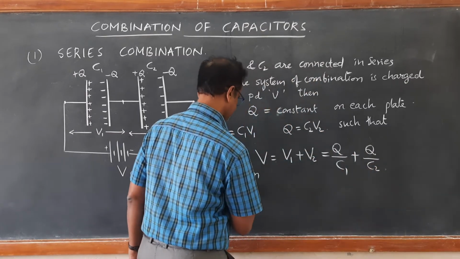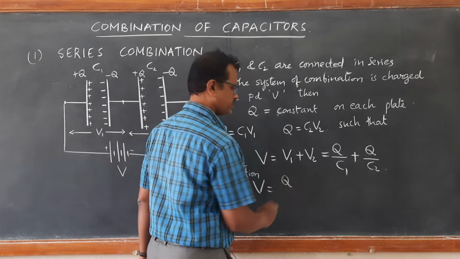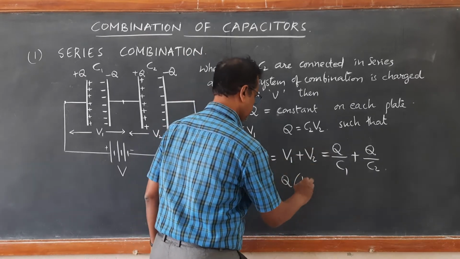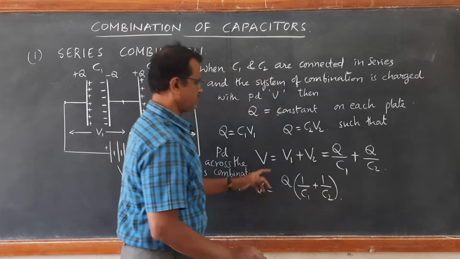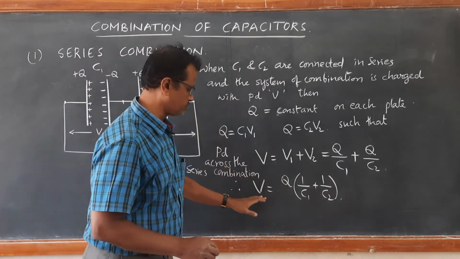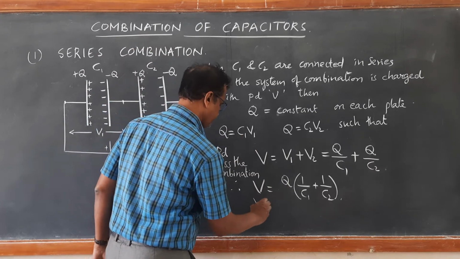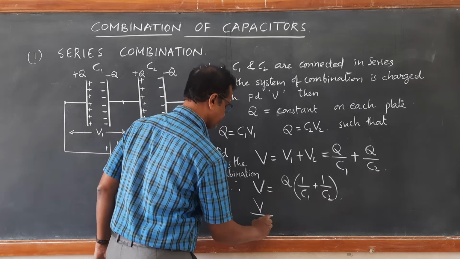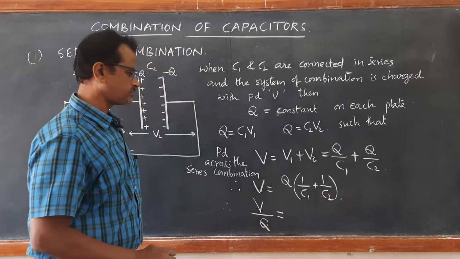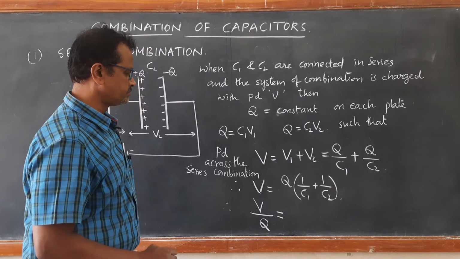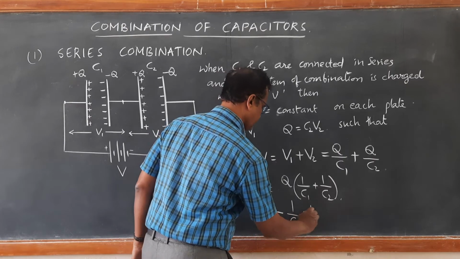Thus, we get V equal to Q, take out Q common, into 1 by C1 plus 1 by C2. Remember, Q remains constant. So, take this Q to the LHS. Therefore, V by Q thus becomes equal to 1 by C1 plus 1 by C2.